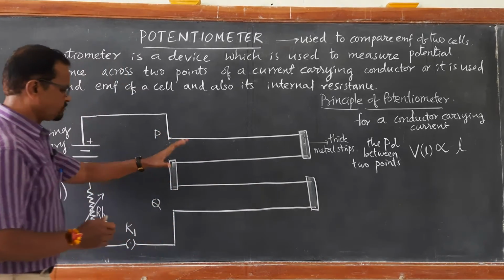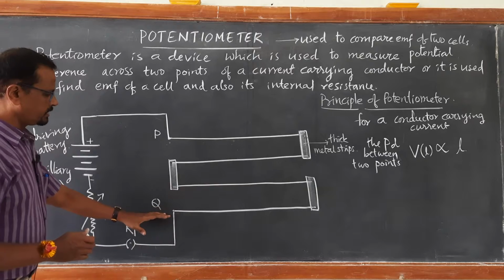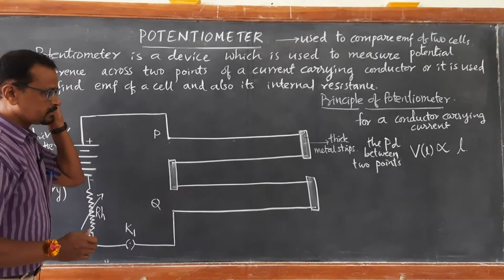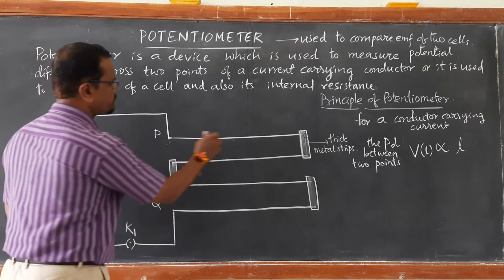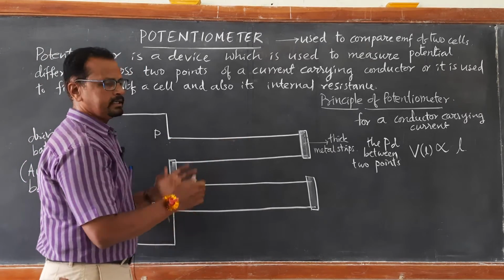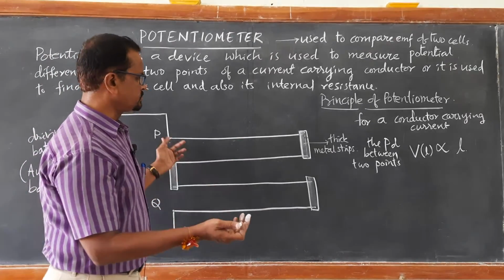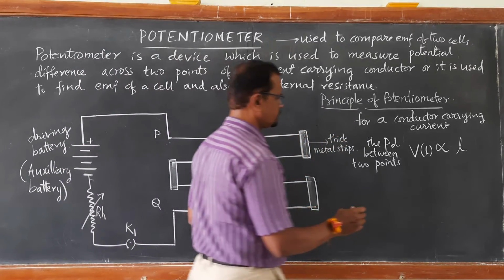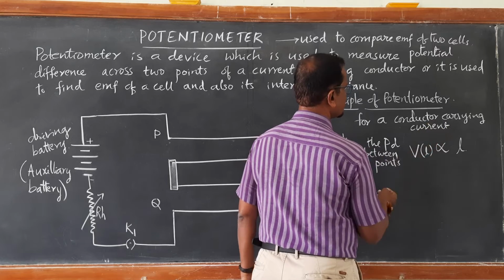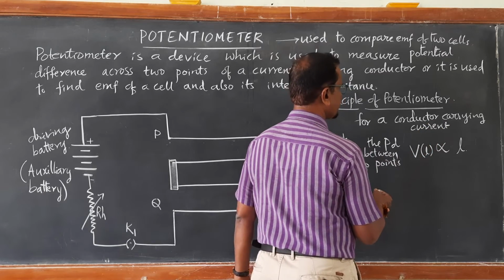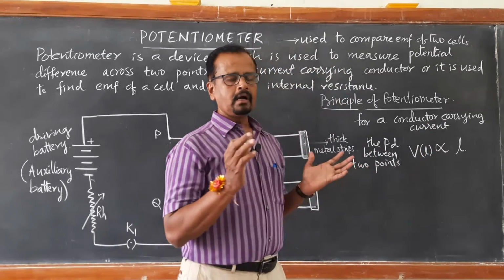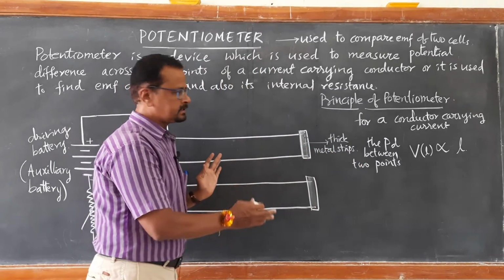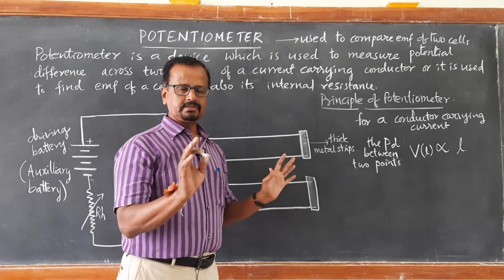So, for this entire PQ external resistance, you see the potential difference between the two ends of this wire is directly proportional to the length of that wire. Reason is, for a conductor or a wire having constant current, current is not being changed.